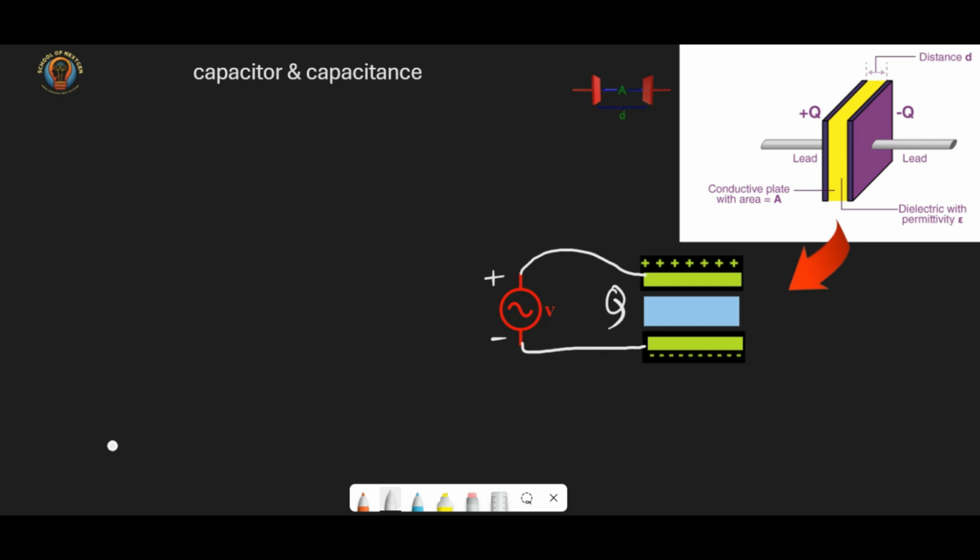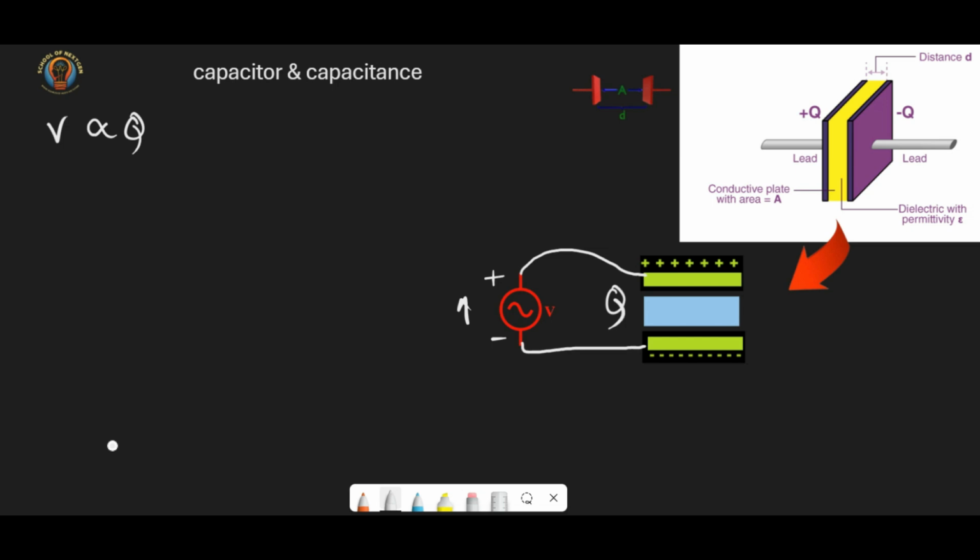Why? Because this voltage source will apply the voltage. It means as much voltage given, the amount of charges will be generated or produced within these two terminals, within the capacitor.